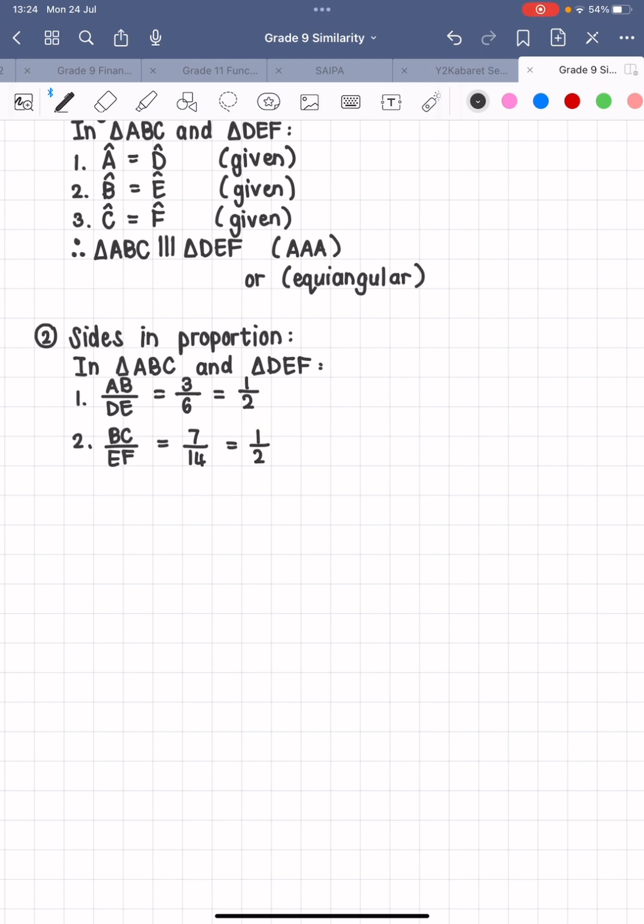So you see we're getting a half, and now we must get a half for the third one to show that the sides are all in the same proportion. And then for the third pair, it will be AC over DF. And I think it was 6 over 12. Is that right? Thank you. So that is also equal to a half.